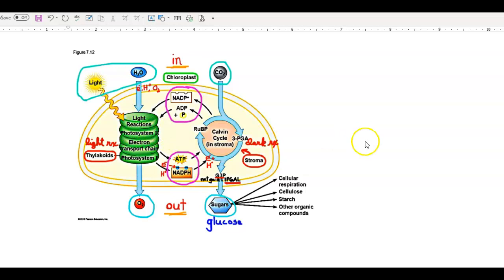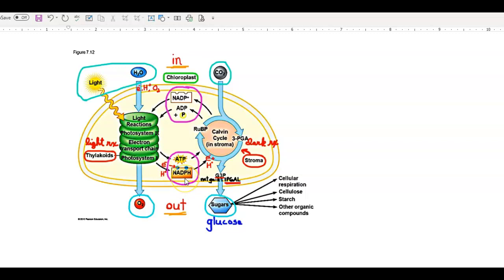Light reactions, photosystems, electron transport chain, the electron transport system. That's where the ATP synthase is. And this whole thing right here, this is the photo part. It produces ATP. That's through the electrons that came from the water.